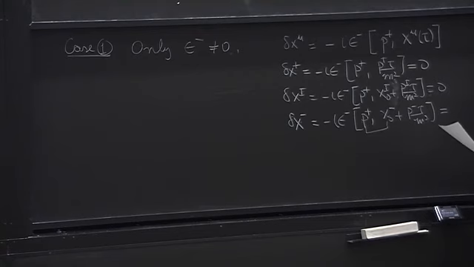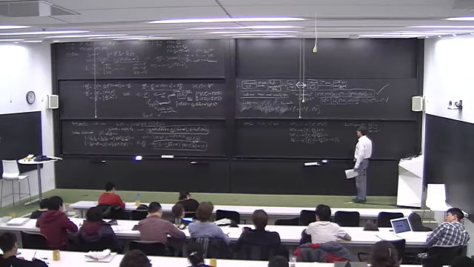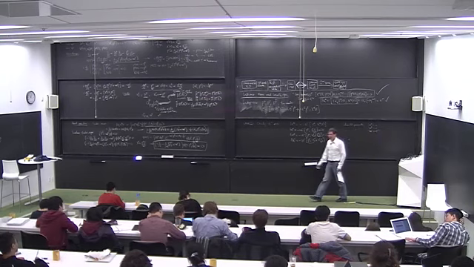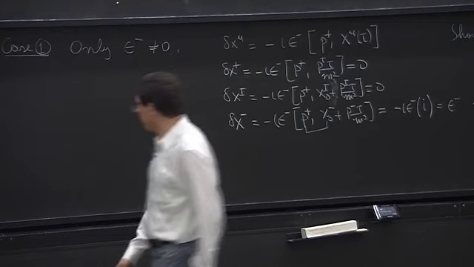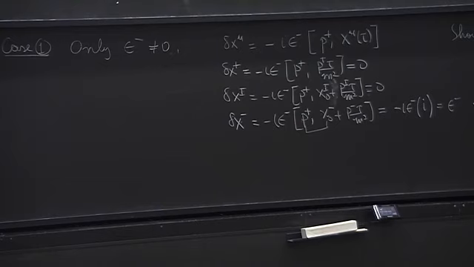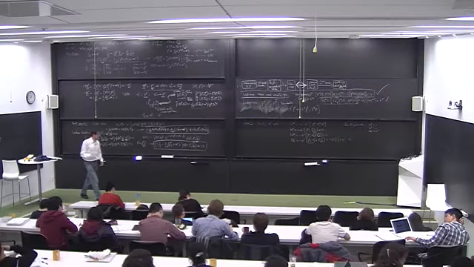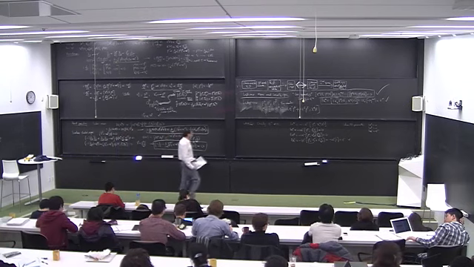No, it's plus i. So you get minus i epsilon minus times an i, and that's epsilon minus. Perfect. All these translations work. So let's do another one. Case 2.